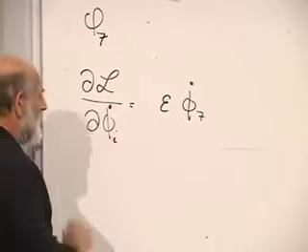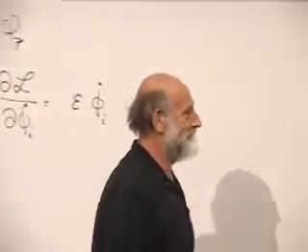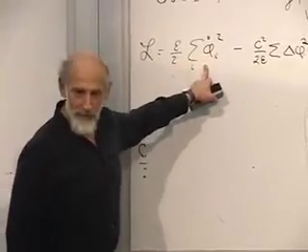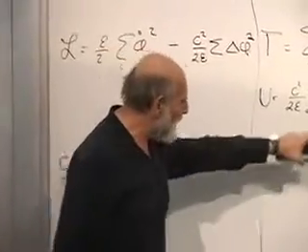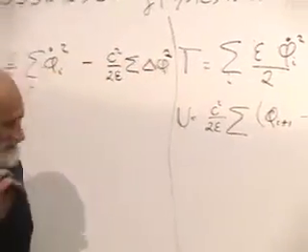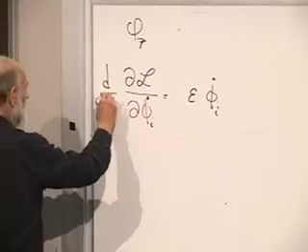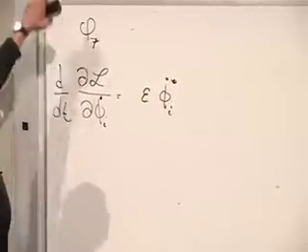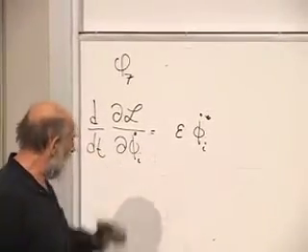The derivative with respect to phi dot_i is epsilon phi dot_i. Actually, by now I've done this enough times that I don't really have to plug in 7. But when it comes to this term over here, this one is confusing enough that I have to focus. Think 7, think 7. All right, so let's now differentiate it, d by dt. That's the left-hand side, or the first term in the Euler-Lagrange equation for phi_i.